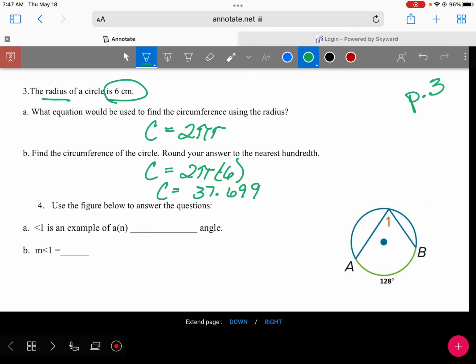Now, they say round to the nearest hundredth. Which number is in the hundredth place? The 9 in the second position. So this is the hundredths place.